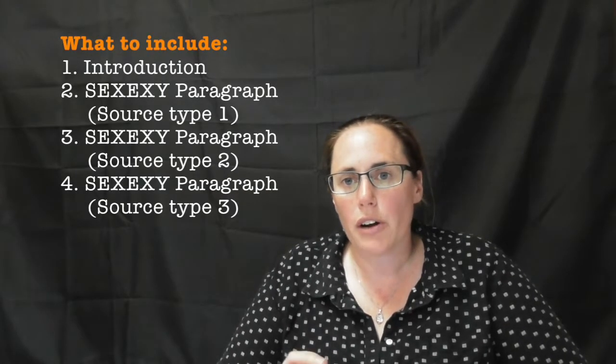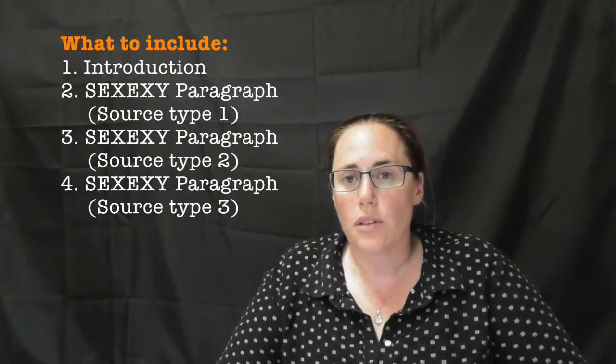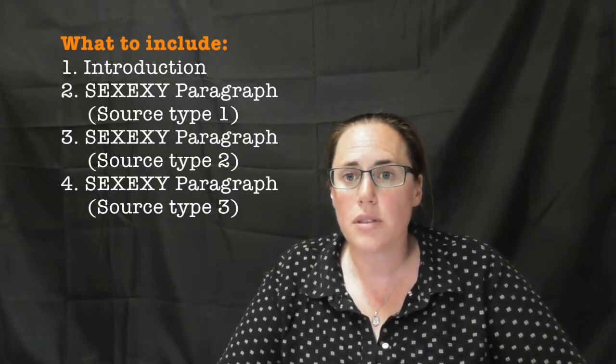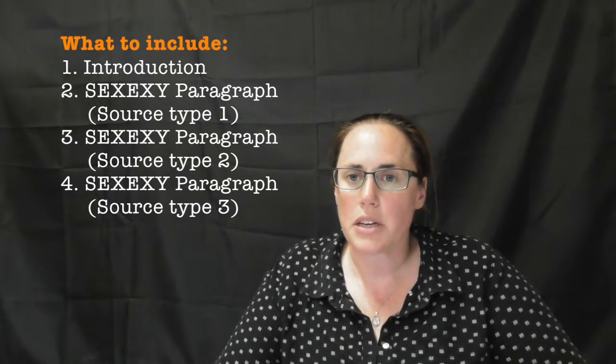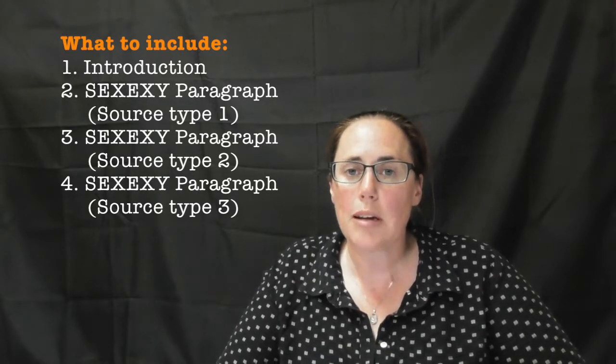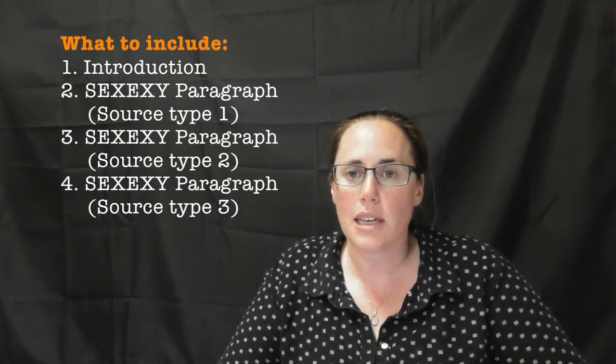So you are required to write 3 different paragraphs on 3 different types of sources. So you may choose primary, secondary and tertiary sources, or you might choose primary qualitative and quantitative sources, or secondary quantitative and tertiary sources.